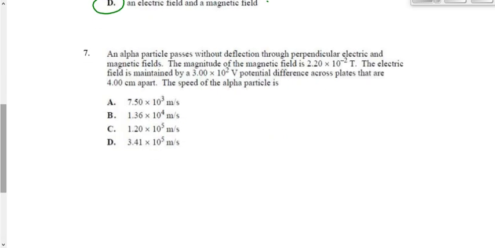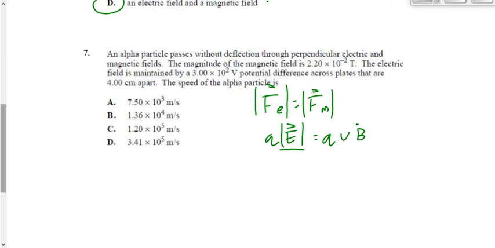In fact, when we're asked to find the speed of the alpha particle, we analyze the velocity selection chamber where Fe equals Fm. We're going to say Q times E is equal to QVB. Q's cancel.